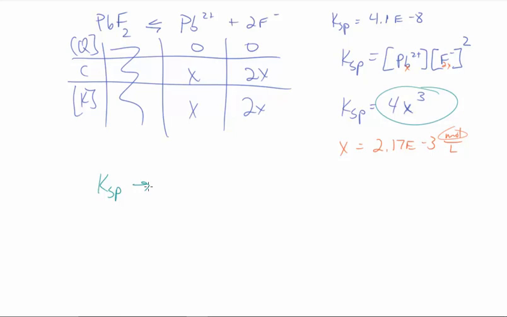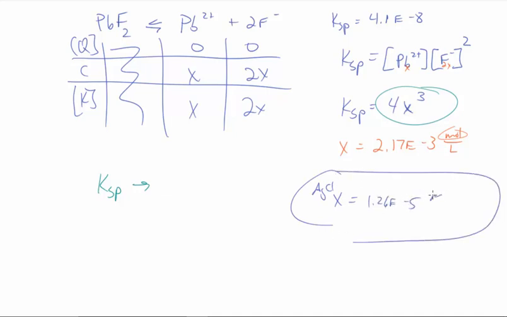If I have different ratios, I'm just going to go ahead and solve out for that X value, and then I can directly compare the X values. And so the X for the silver chloride, and this is AgCl here, I don't want to confuse anybody, that was, what was that? That was 1.26 E negative 5 moles per liter.